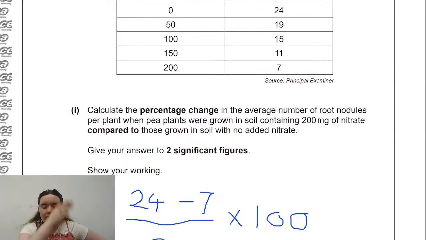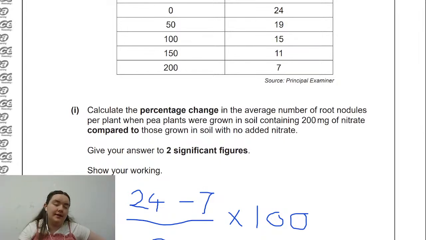So 2 significant figures basically means that there are two numbers that can convey information. And you might think, oh, but 70.8, surely the 0 in the 70 doesn't convey information. No, it does, because it tells us that it's not 69% and that it's not 71.